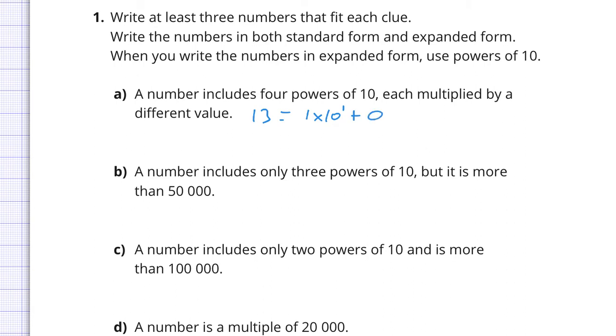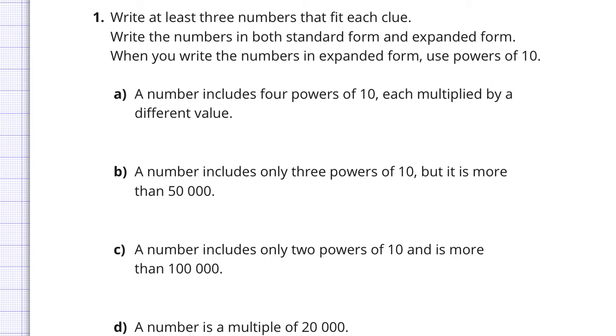So how many place values do you need? Well, you need a whole bunch. So let's use more than just a 2-digit number. How many digits are we going to need? Well, if we need 4 powers of 10, we're going to need at least 5 place values. And the 5th place value, if you look back at your chart, is 10,000, at least 10,000.